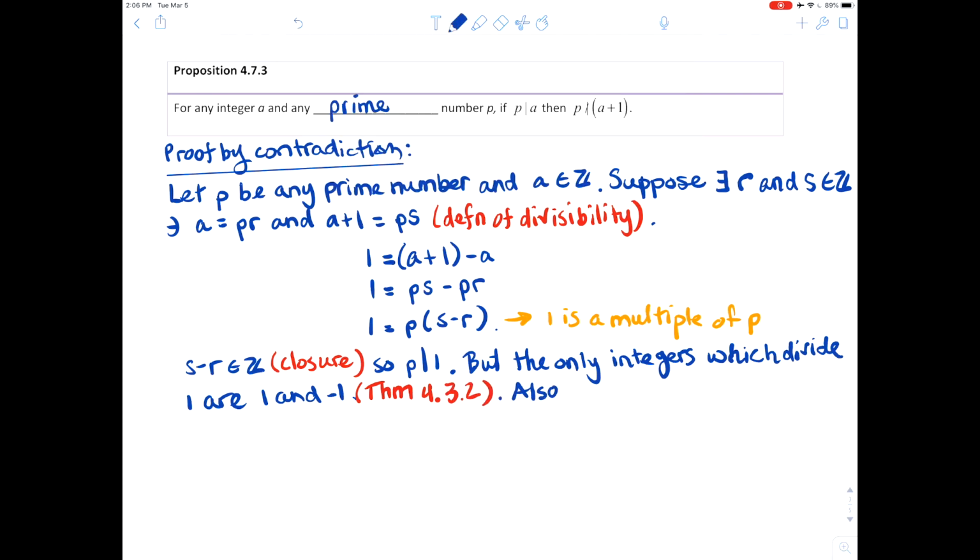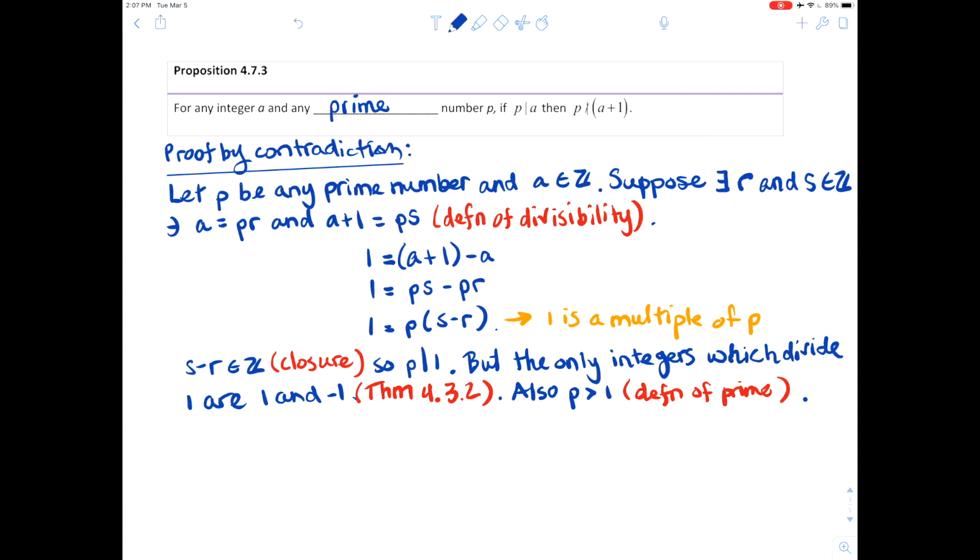Also, p is greater than 1. And why is p greater than 1? Because p is prime, right? So that's by definition prime. Okay. So what is this saying?